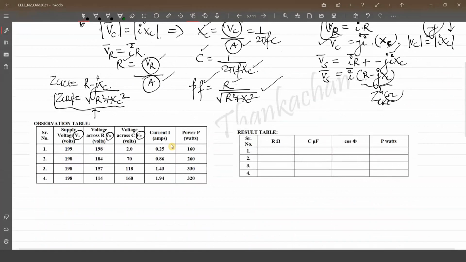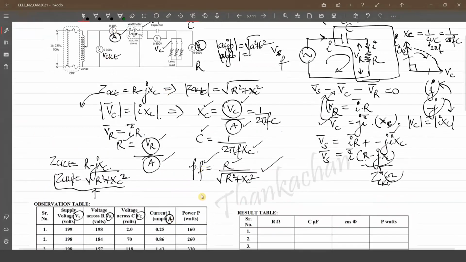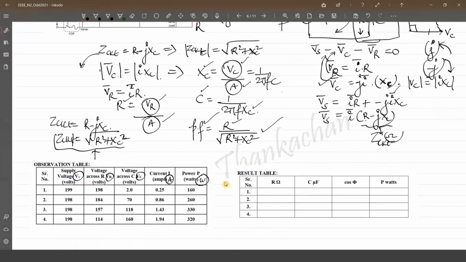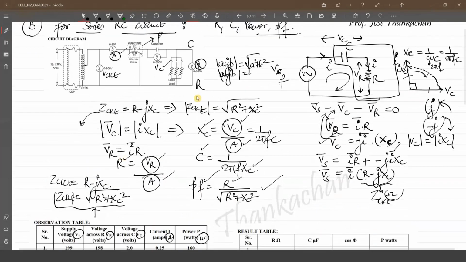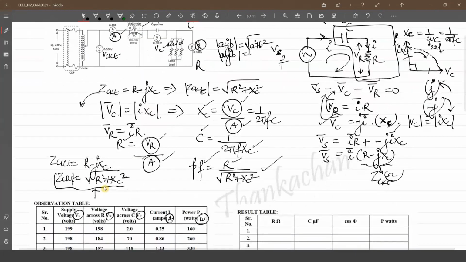Then current we are measuring, this is the ammeter reading. Then power is measured by the wattmeter, so this is nothing but the wattmeter reading. And how do we get these readings? By varying the load. By turning on these switches one by one, for each load turned on, we will measure all the meter readings and write them down here.